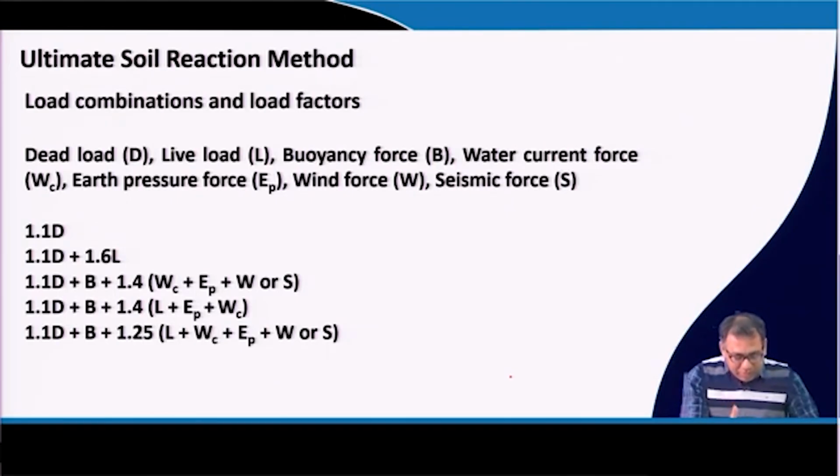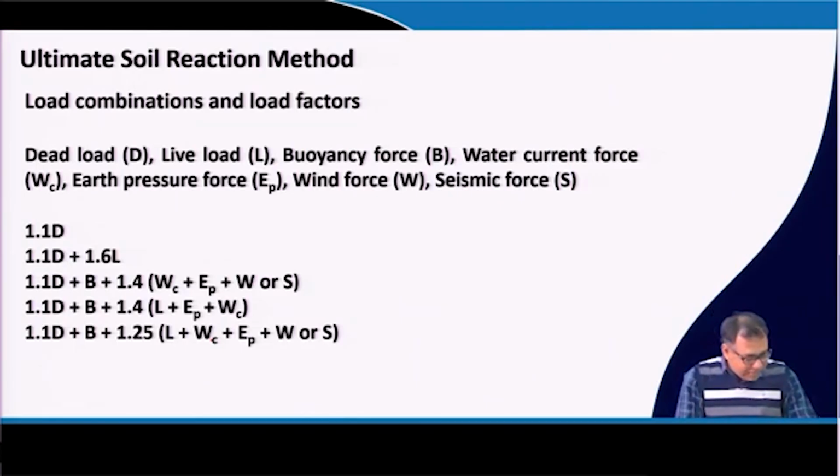Now, when this live load is applied with the other forces, you can see that for the last combination, when the live load is added with dead load, 1.6 is the load factor. But when it is added with the water current, earth pressure or wind load, then it is 1.25, because it is very uncommon that when there is a wind load or seismic load, the maximum amount of live load will act at that time.